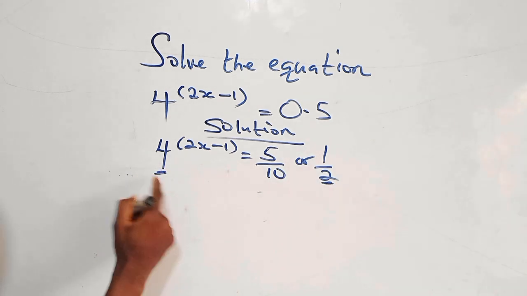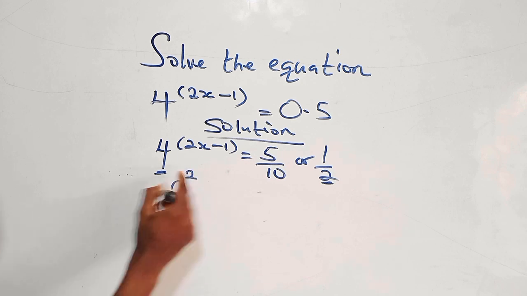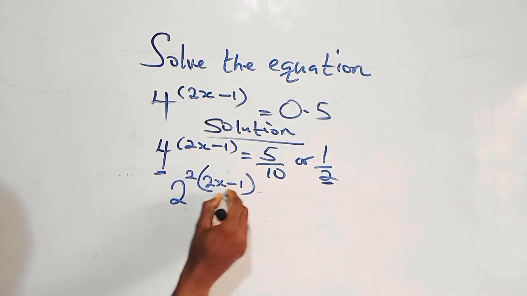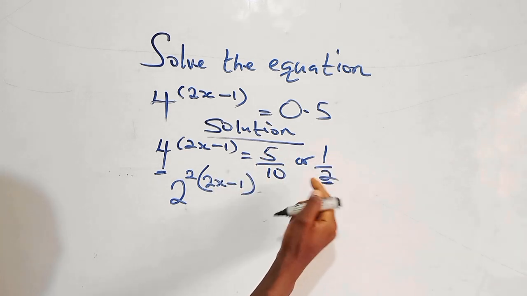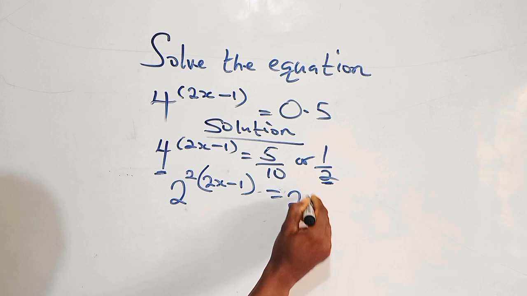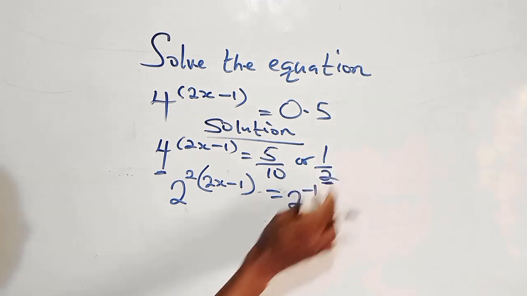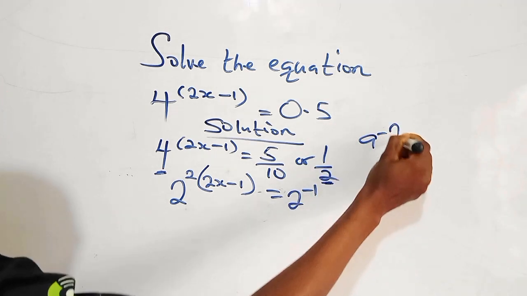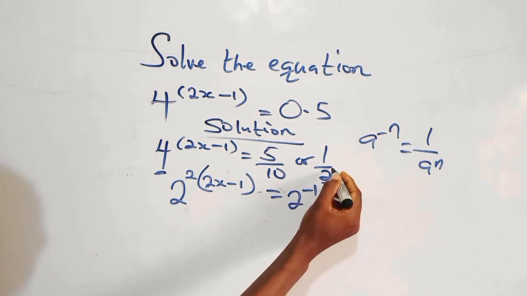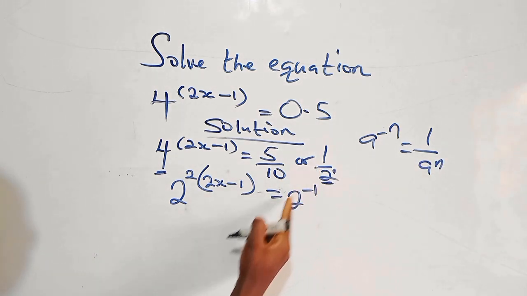I write this 4 as 2 squared, so it is 2 squared raised to 2x minus 1. So 5 over 10 is now 1 over 2, which I can write as 2 raised to power minus 1. Do not forget, when you have a raised to power minus n, it's the same as 1 over a raised to power n. So when we convert this, we have this.